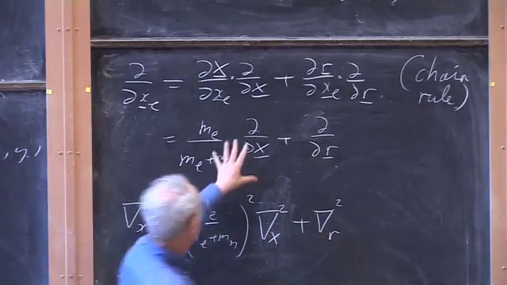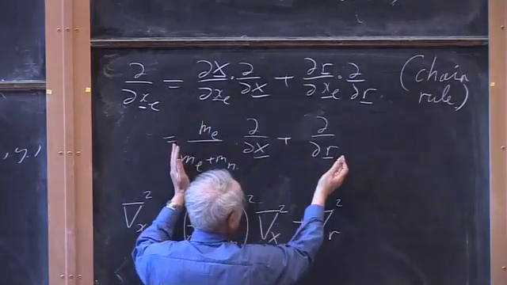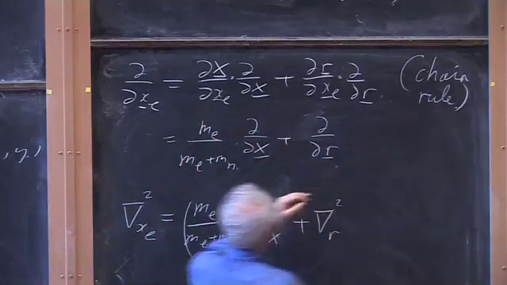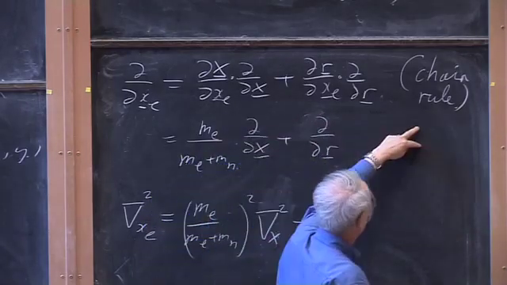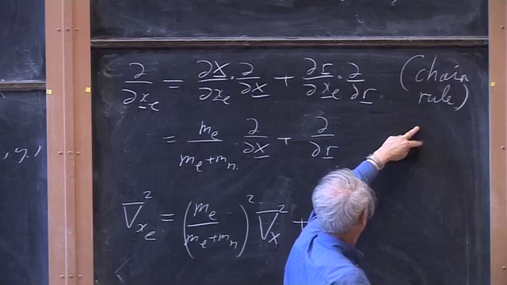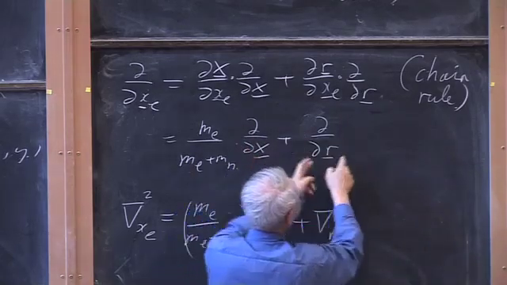And then, irritatingly, we get a mixed term because we're taking this operator and we're multiplying it on itself. So we get a mixed term of this operator multiplying the d by dr in the next bracket. And then we have this thing doing this.